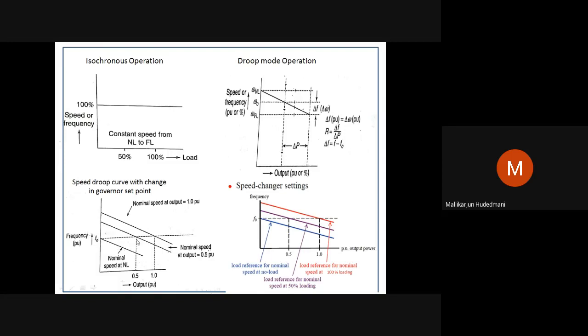Suppose this central line, if I assume governor free, it operates at fullest capacity and its output drops continuously. There is no correction. If there is a governor, it will act along with the requirement of steady state frequency achievement. Correction to the input is done. So this is how isochronous and droop mode based operation is possible.